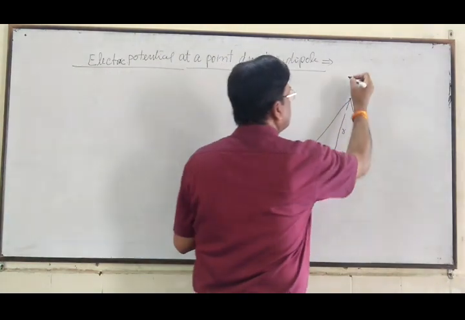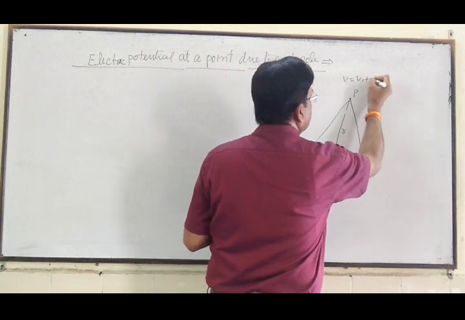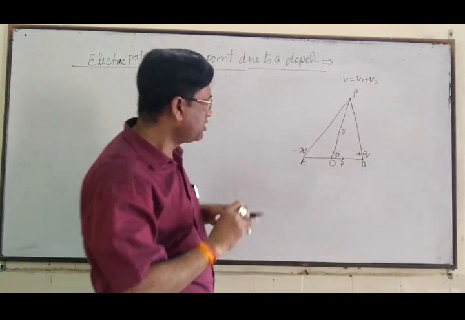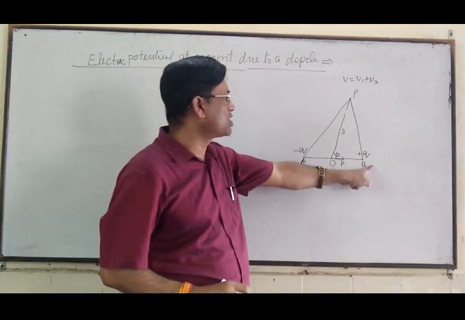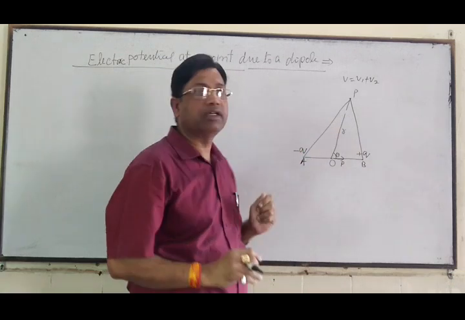Due to both the charges, the net potential will be V equal to V1 plus V2. Let V1 be the potential due to the plus q charge and V2 the potential due to the minus q charge.